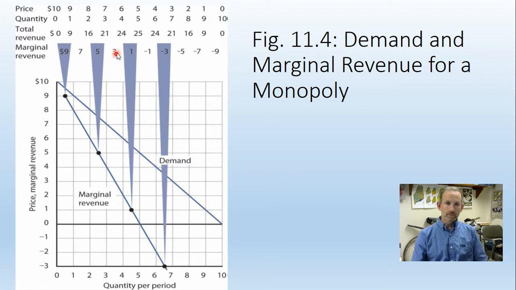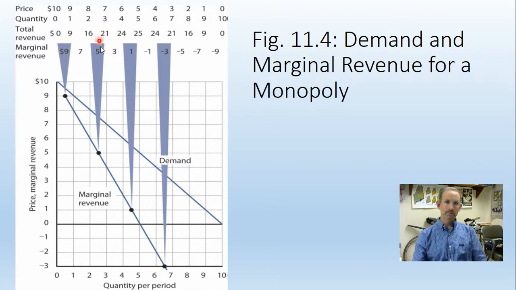Some people are confused by that because they say, well, wait, the price of that last item I sold was $6. So why did my marginal revenue not increase by 6? The reason for that is you were selling 3 at a price of $7. In order to sell 4, you have to lower your price to $6. And you didn't just lower the price for that 4th customer, you're lowering it for all 4 customers.